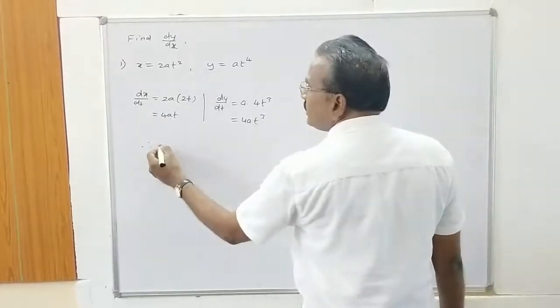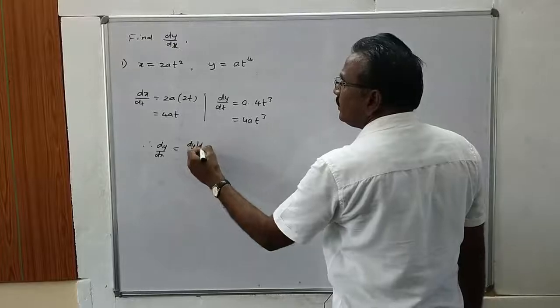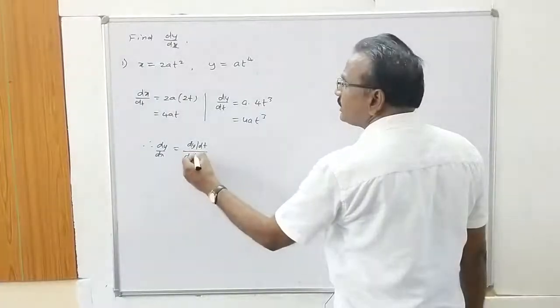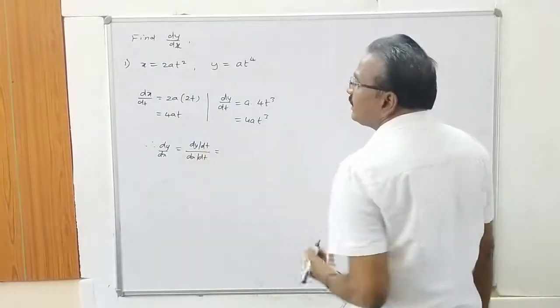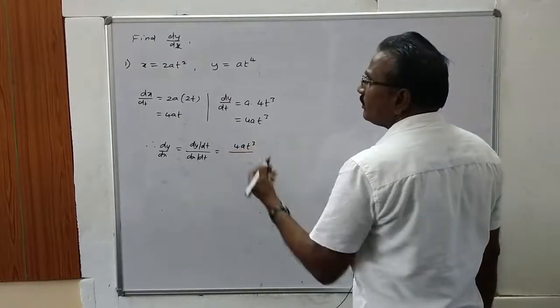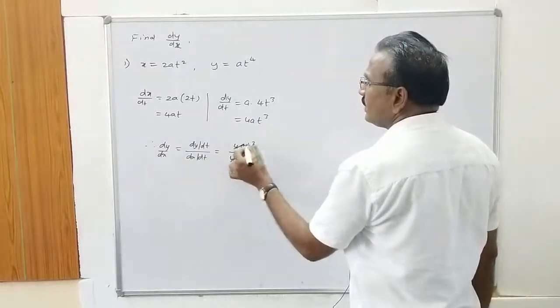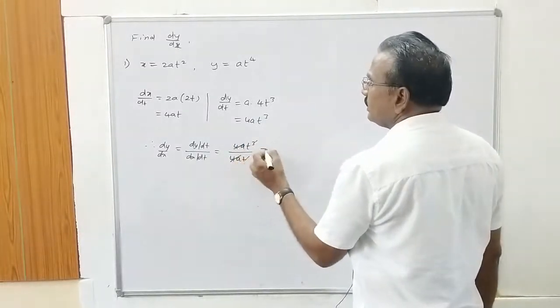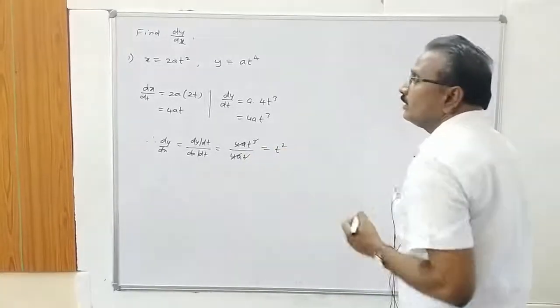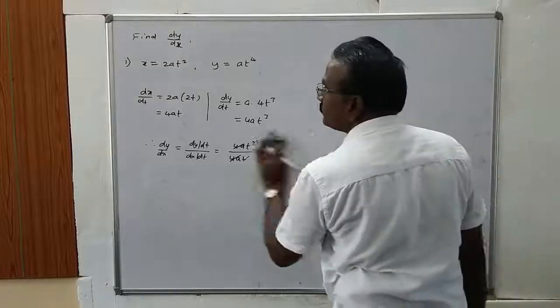Therefore dy by dx is dy by dt divided by dx by dt. What is the dy by dt value? 4at cube divided by the dx by dt value, which is 2at. Cancelling, that is 2t square. Dy by dx value is 2t square.